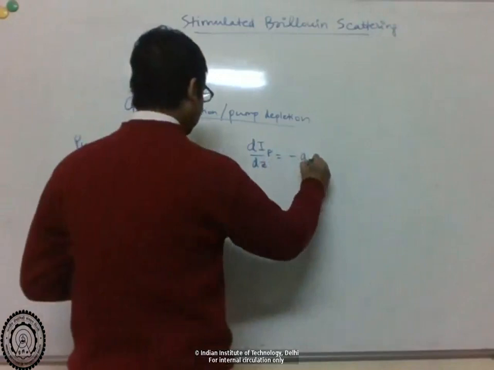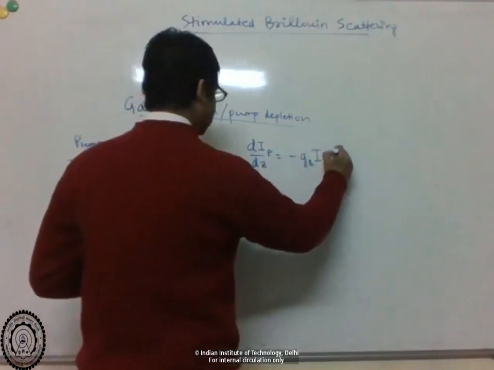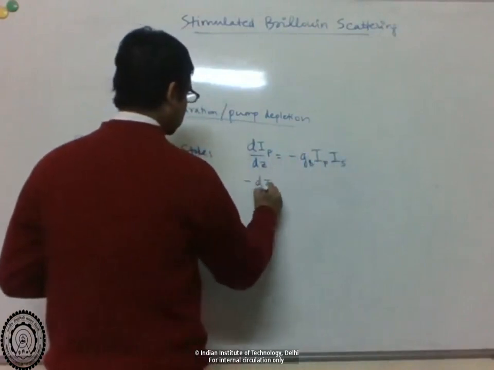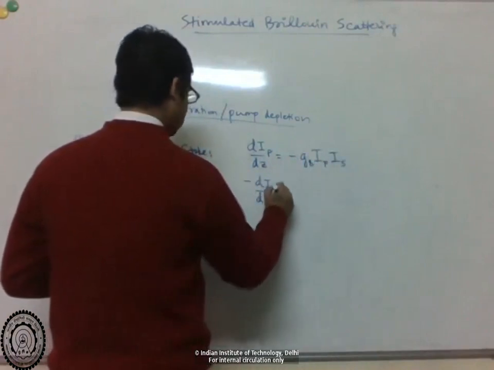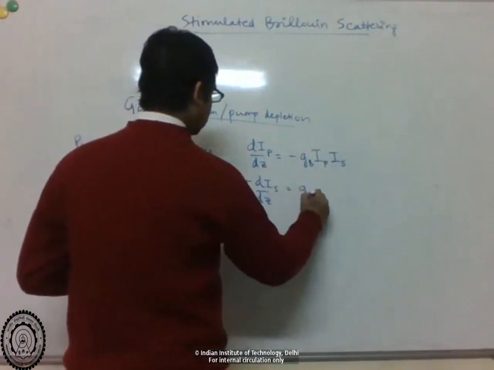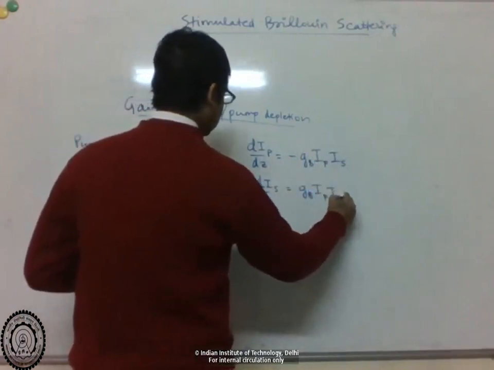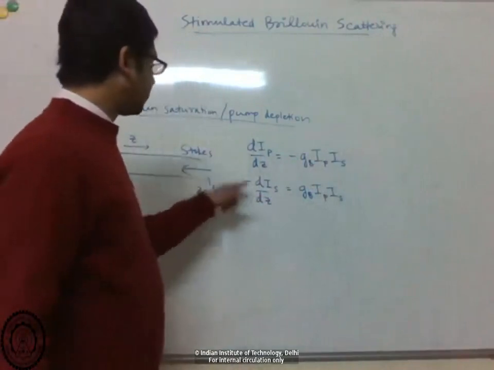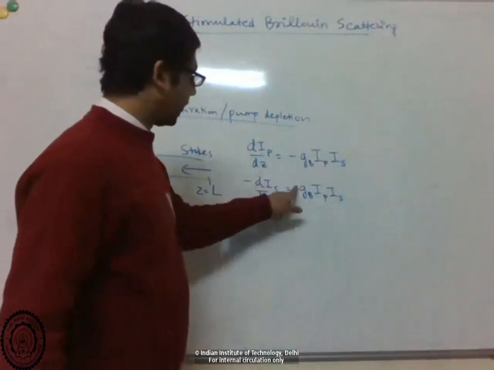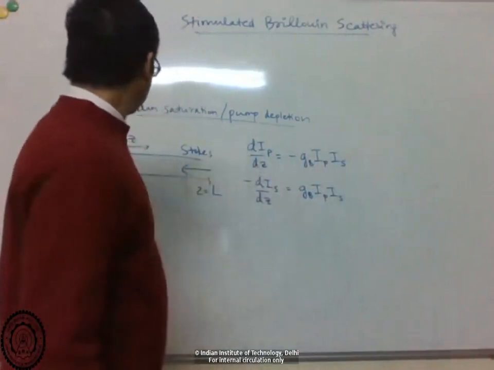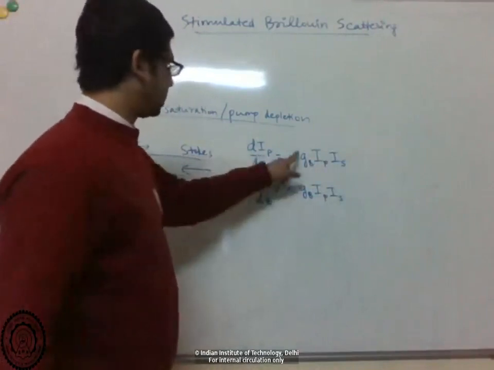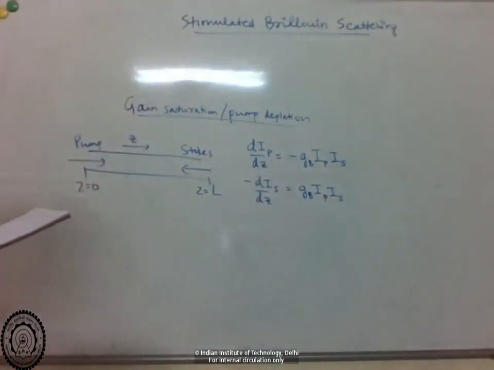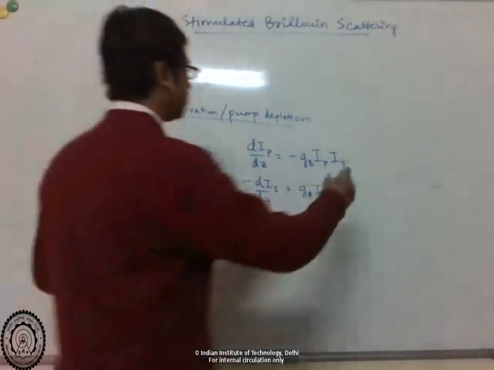You remember we had these. The Stokes is traveling in the backward negative Z direction, and it acquires gain. The pump is traveling in the forward Z direction, and it acquires loss. We saw this last time.